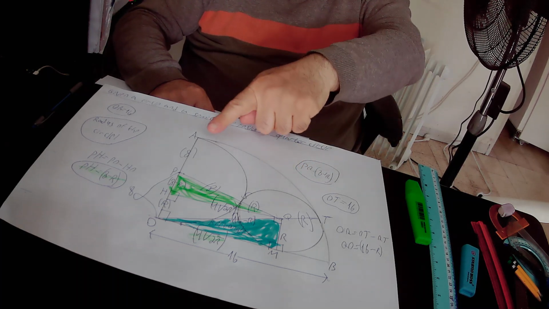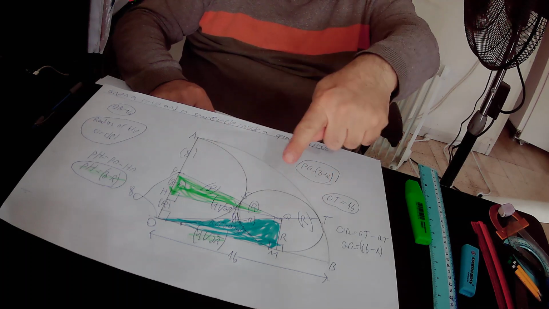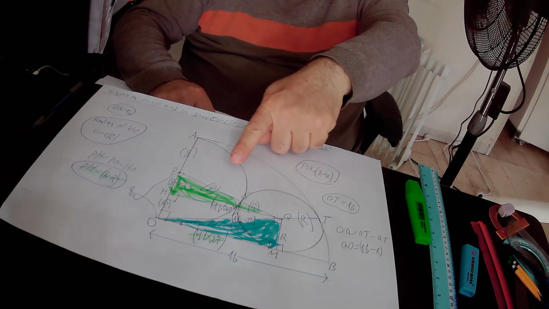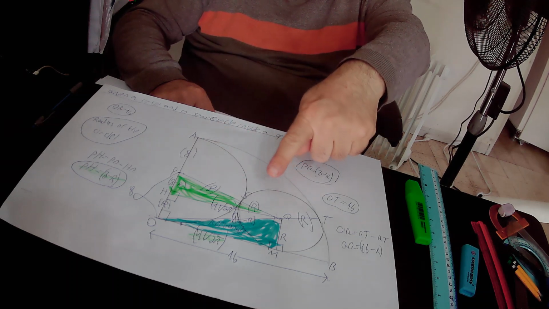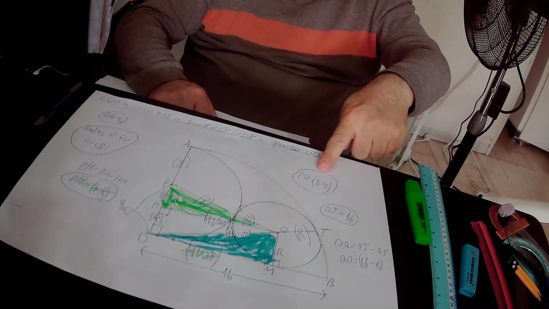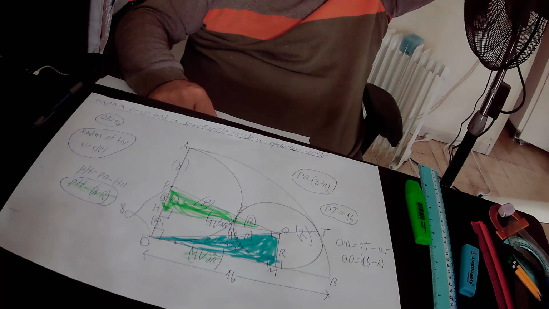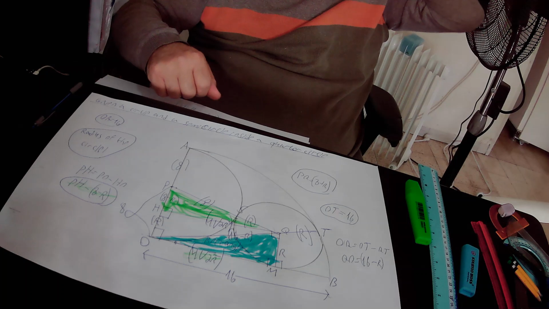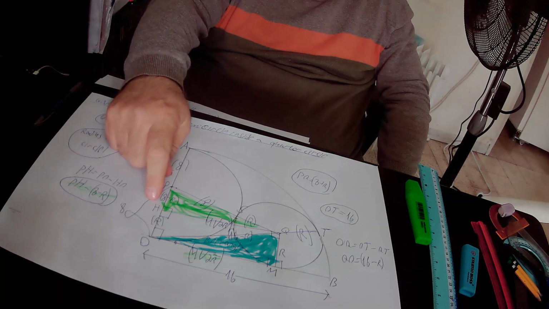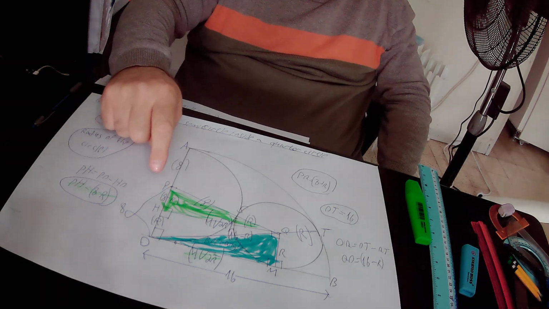So in total, PQ equals PS plus SQ. So PQ in total equals PS, that is 8, plus QS, that is R. So in total, PQ equals 8 plus R. And what we already found out is that the length of line segment PH equals PO minus HO.